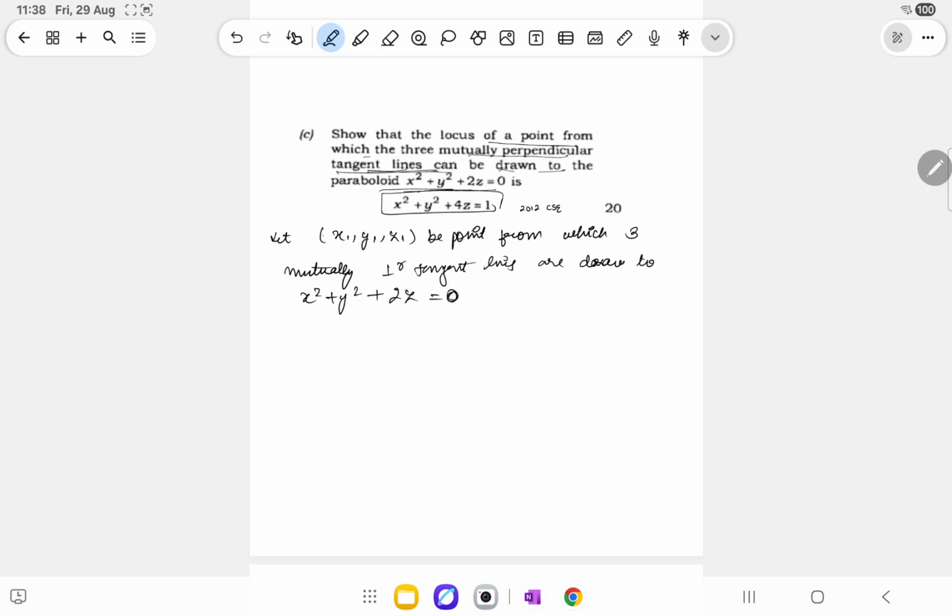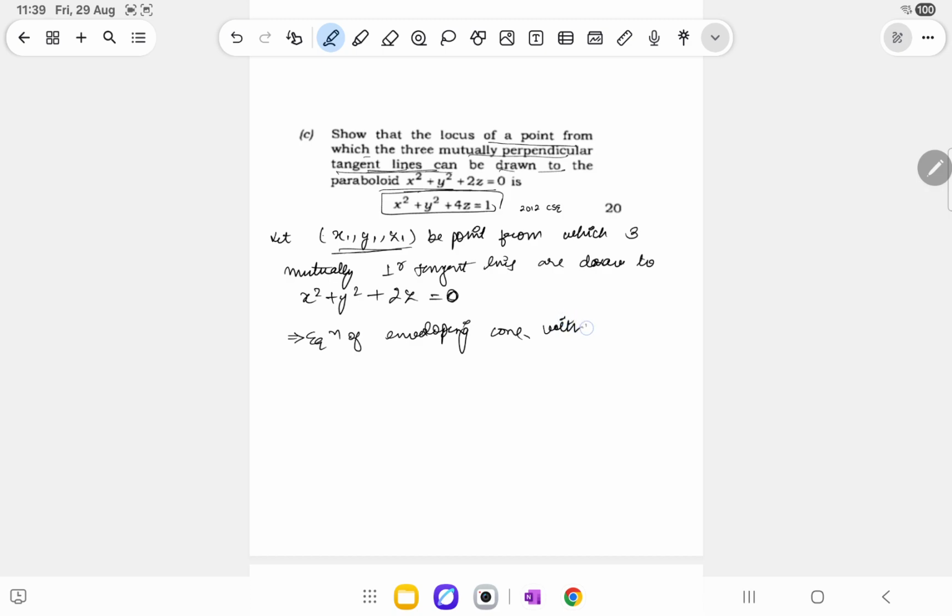So if you observe, from this point, if three mutually perpendicular tangent lines are drawn to the paraboloid, that will basically act as an enveloping cone. So we'll find the equation of the enveloping cone, and this x1, y1, z1 basically acts as the vertex of the cone, because this is the intersection point of these three mutually perpendicular tangent lines.